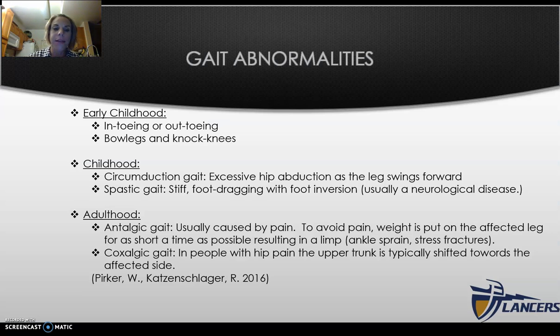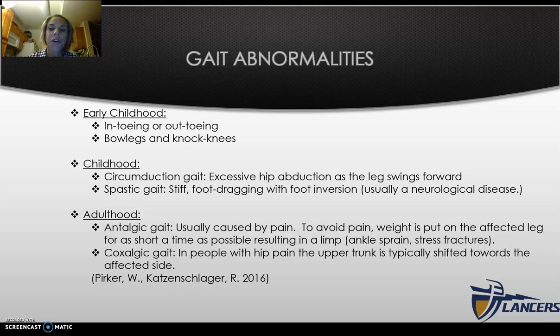Gait abnormalities. So gait abnormalities in early childhood: in-toeing or out-toeing, bow-legged or knock knees. In childhood, circumduction gait. This is excessive hip abduction as the leg swings forward. Another one is a spastic gait, which is stiff foot dragging with foot inversion.